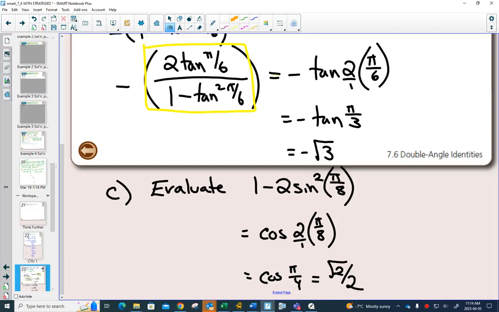Now remember yesterday we did pi over 12 questions. The key things to remember from the pi over 12 questions is that you are going to use one of these formulas that have alpha plus beta, and you always use a pi over 4 plus something else to make it work.